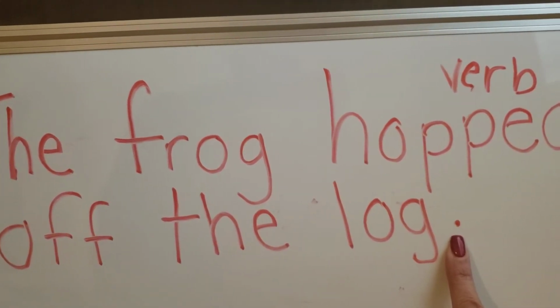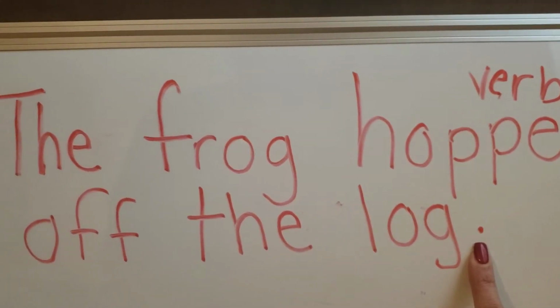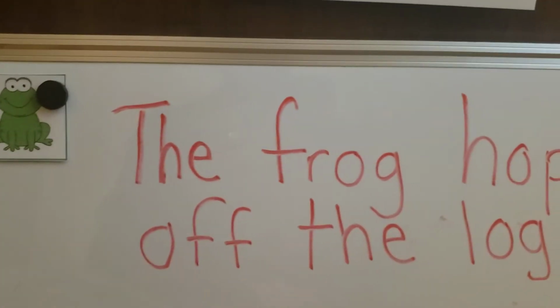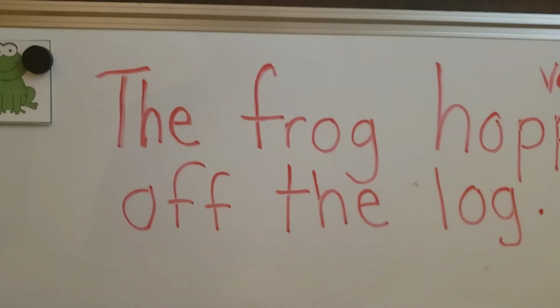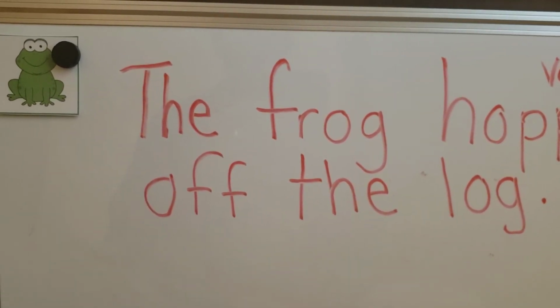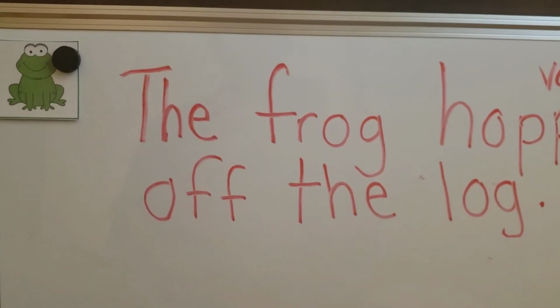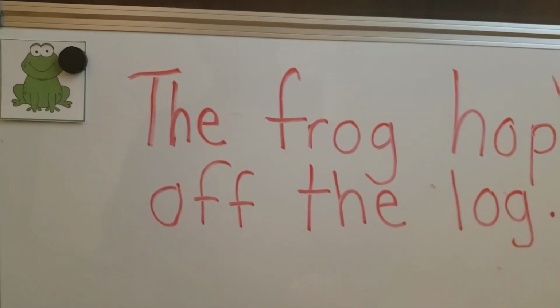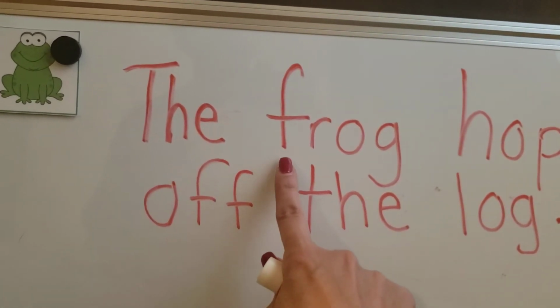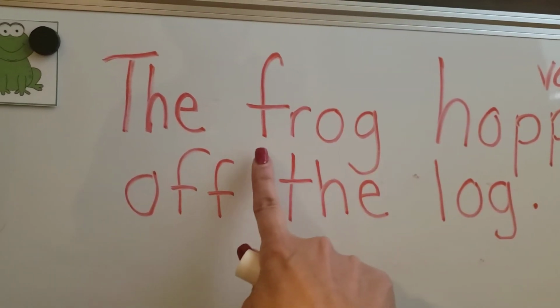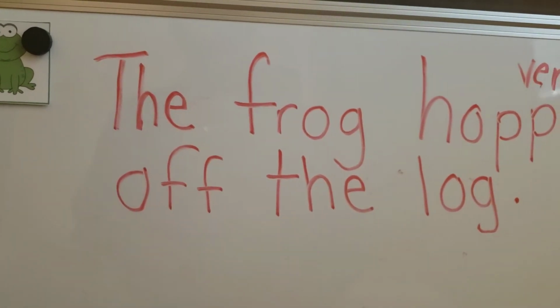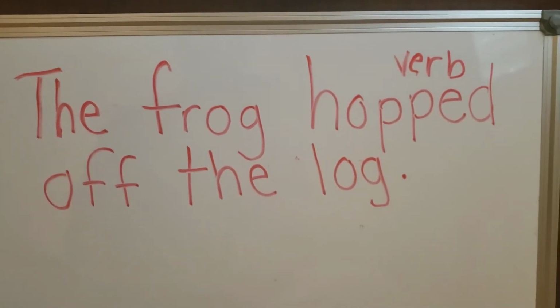We used a period for this sentence. Check your sight words. The and the are our sight words. Go to your list. Did you spell them correctly? You can sound out some of the words. At least try to get the beginning sounds. I always ask you to stretch out those words. Try to get that first sound down there, and then maybe ask a grown-up for help if you can't do it.